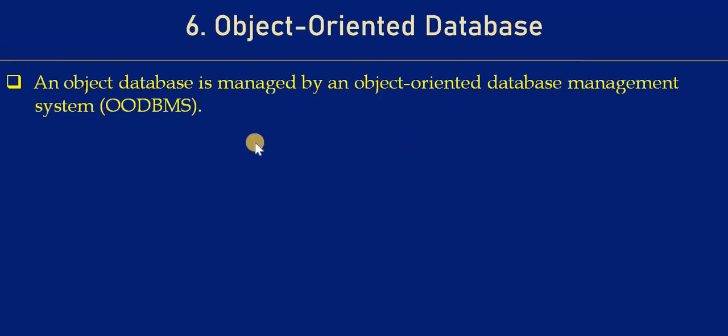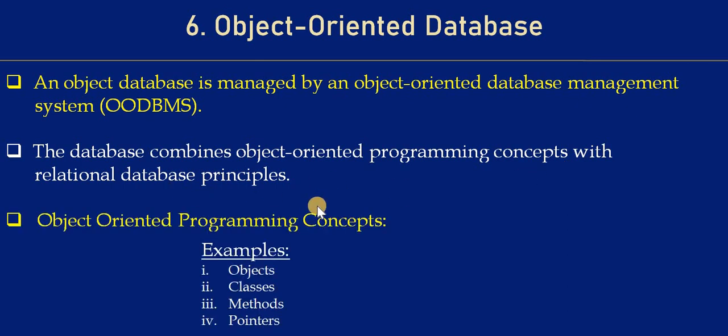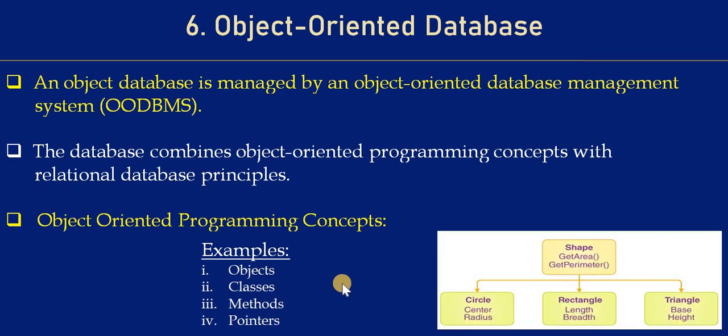Object-oriented database. An object database is managed by an object-oriented database management system. The database combines object-oriented programming concepts with relational database principles. Object-oriented programming concepts are, for example, objects, classes, methods, and pointers.